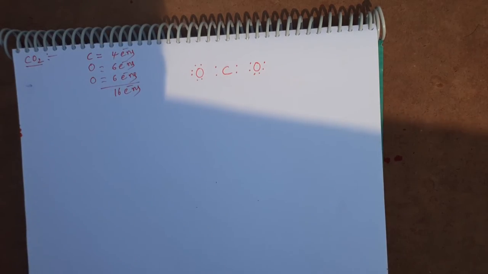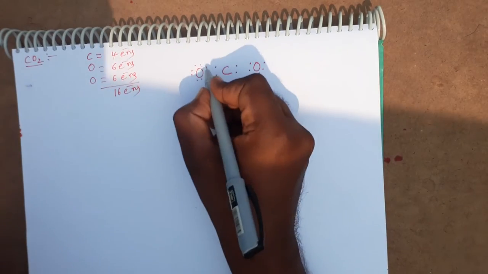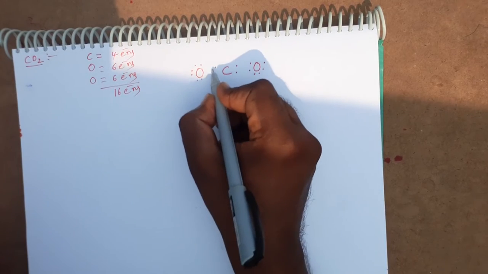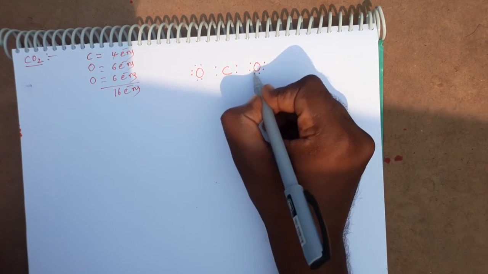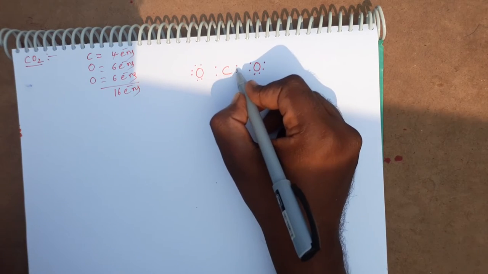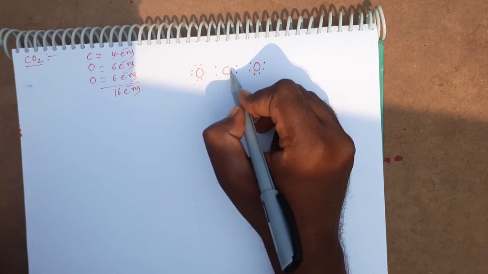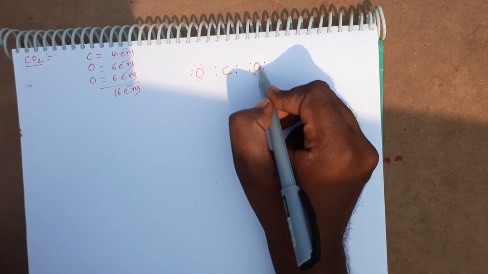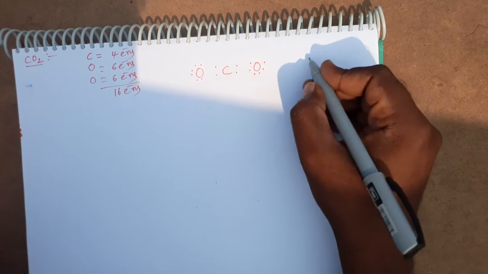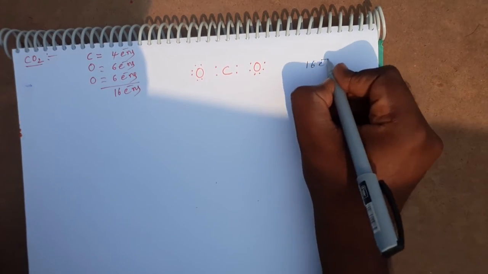Before we write its structure, we observe the total number of electrons. 6 plus 6, 12. 12 plus 4, 16 electrons.